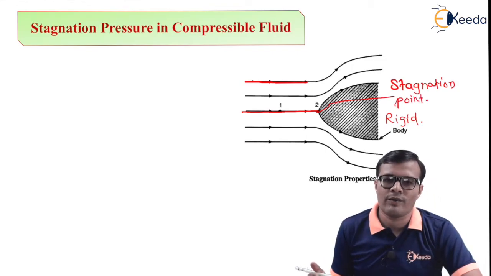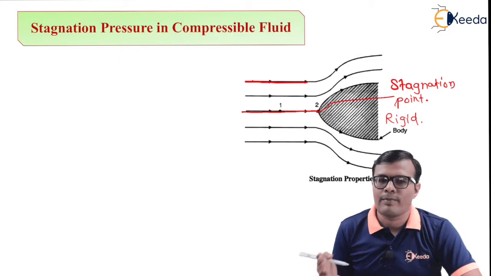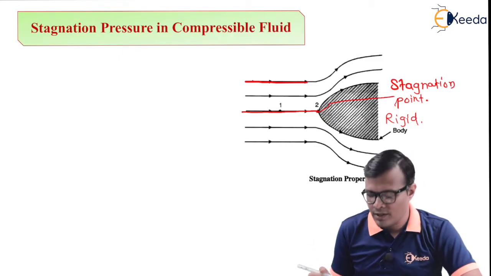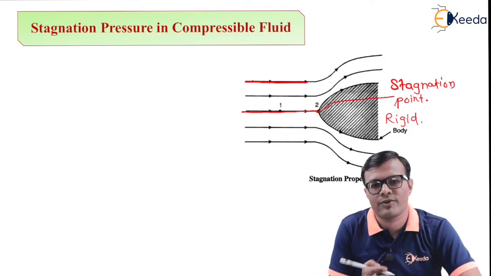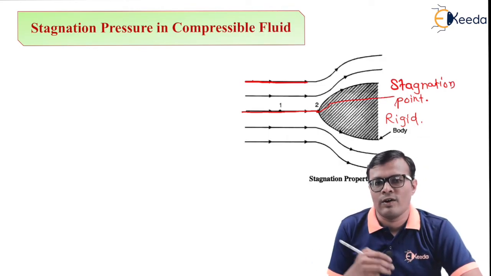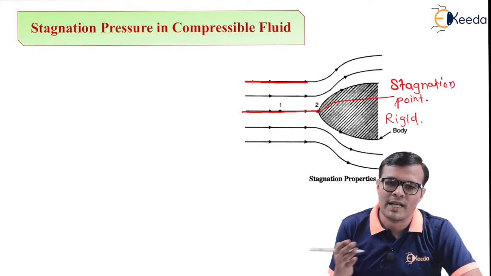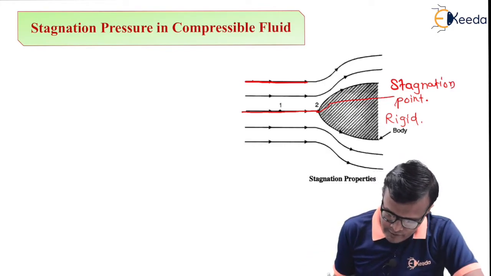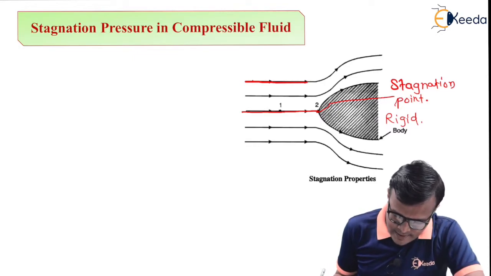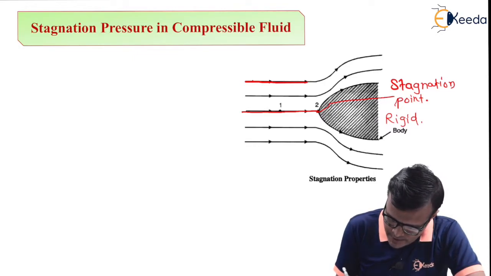As usual, when we want to calculate pressure at a particular section or point, we apply various available equations known to us. One of them is Bernoulli's equation, that is the energy equation. So we will try with Bernoulli's equation. Let us consider some assumptions.